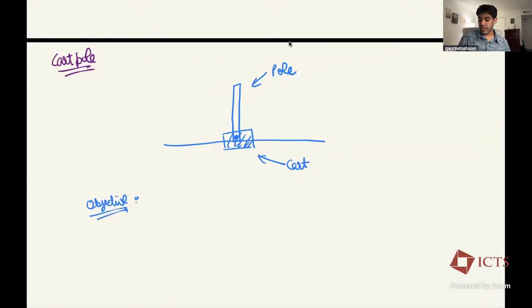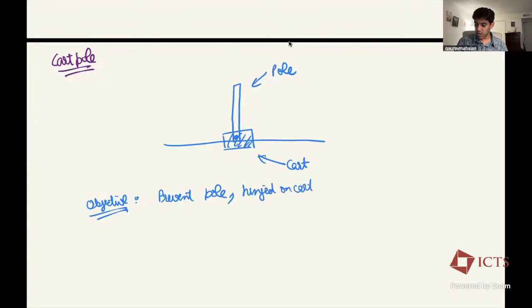Our objective is to basically prevent this pole, which is sitting on this cart, hinged on this cart, from falling over. The only kind of control you have on this problem is that the agent can apply a force towards the left or the right.